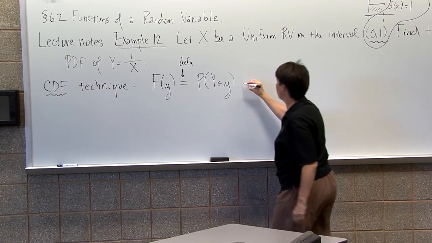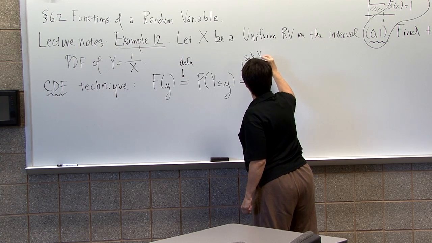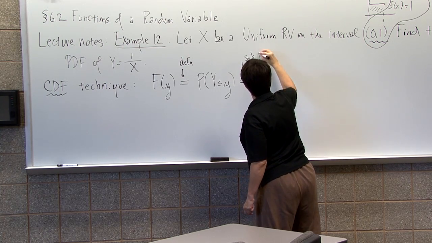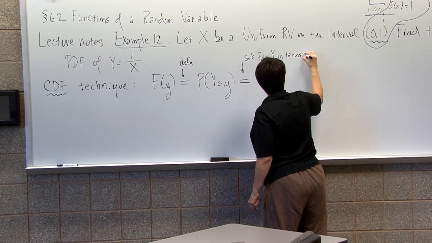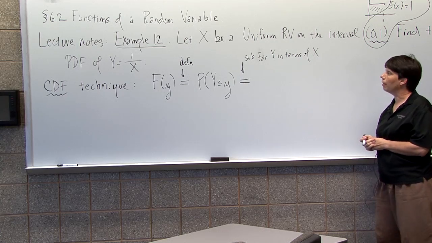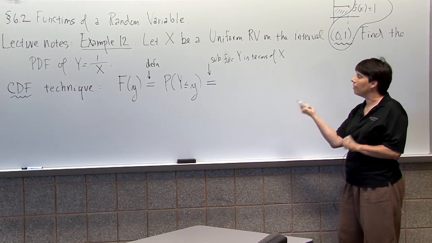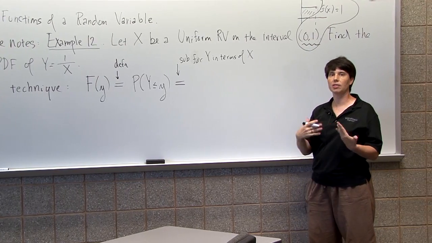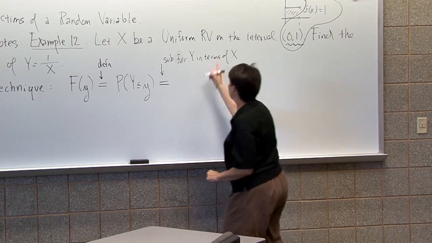So here's always where I'm going to do my subbing. So sub for y in terms of x. Right, I have some statement over there in terms of x, and if I can get a probability statement in terms of x, and I'm working with a continuous, I'm just going to be integrating to find that formula for y. So let's do a little subbing.